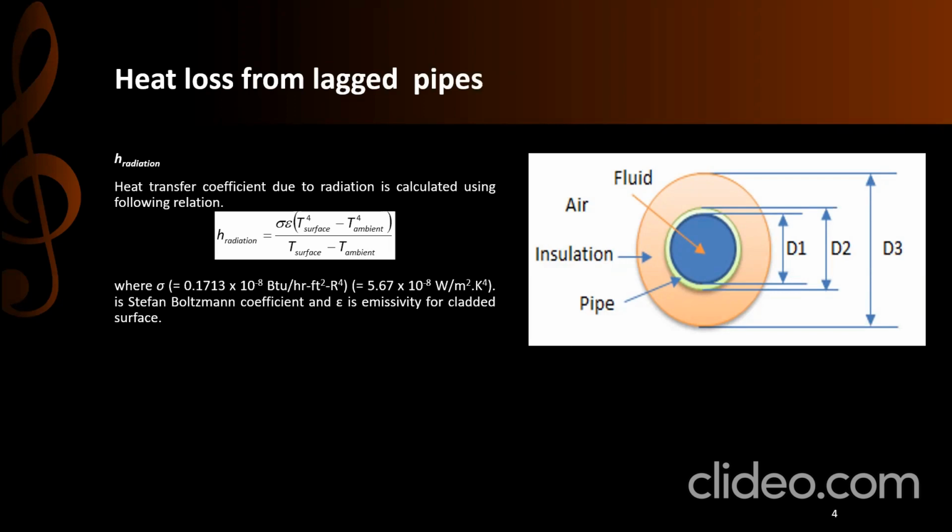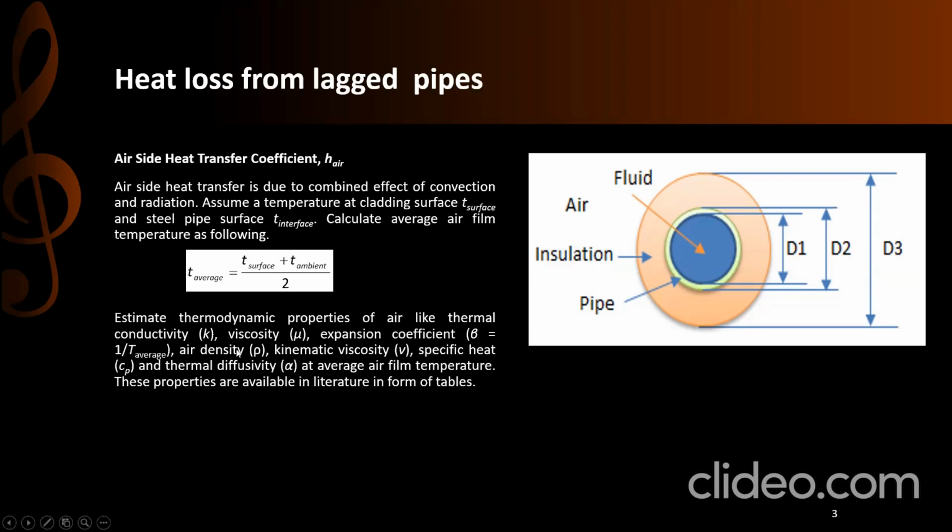And epsilon is the emissivity for the cladded surface. So h radiation is sigma epsilon times T exponent 4 of surface minus T exponent 4 of ambient, divided by T surface minus T ambient. This capital T is for absolute temperature. So this is absolute.